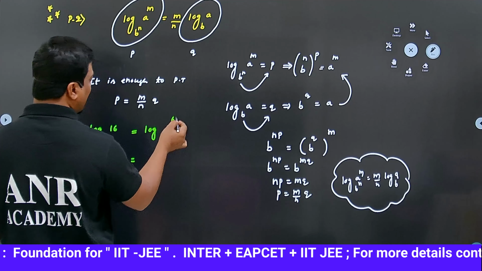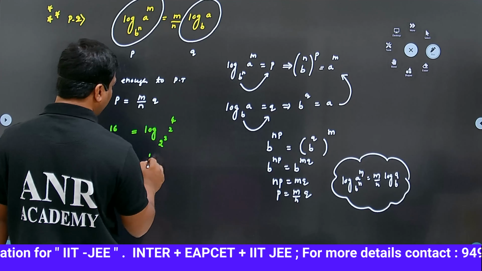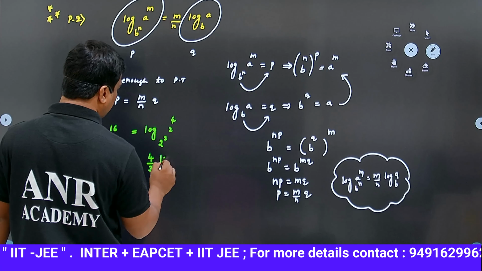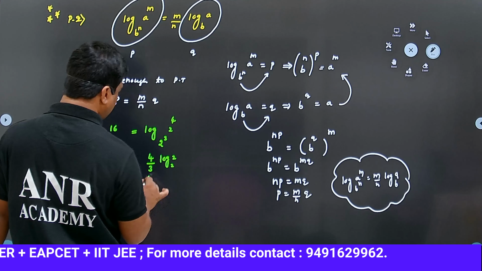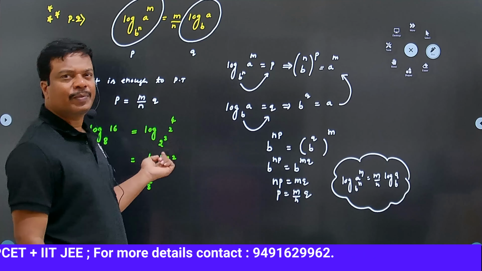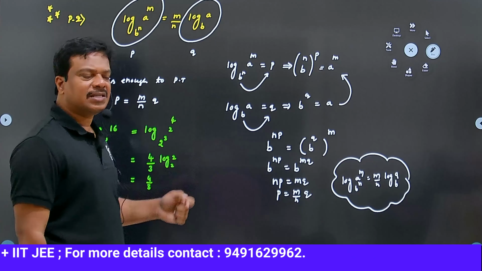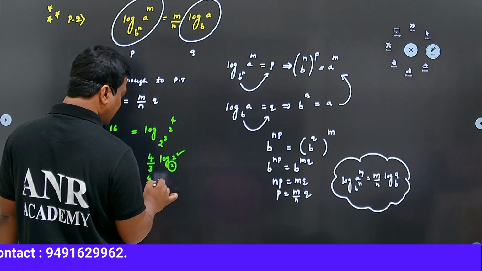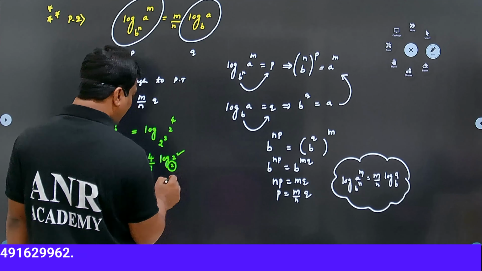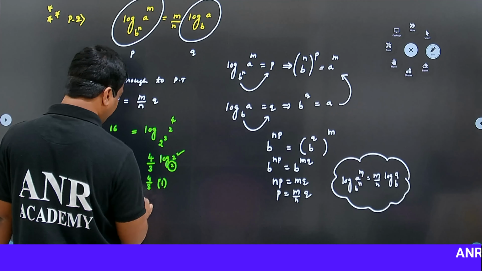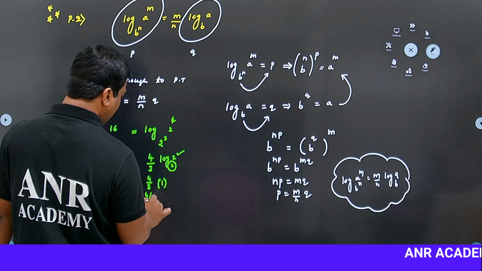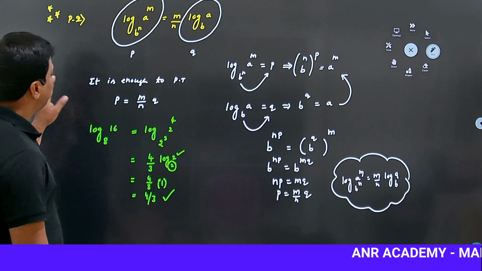Now applying the log a power m base b power n property, you will get 4 by 3 log 2 base 2, 4 by 3 constant outside, and log 2 base 2 value is 1. Why? Because if you raise 2 to the power 1, you will get 2. So 2 power 1 is 2, so log 2 base 2 value becomes 1, and hence the answer is 4 by 3. So this is the second property.